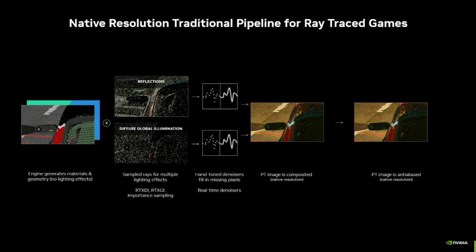And of course, at the very end of the pipeline, there is TAA that'll remove all the aliasing in your image. So what the users see will be noise-free, aliasing-free, smooth, temporally stable, and so on.